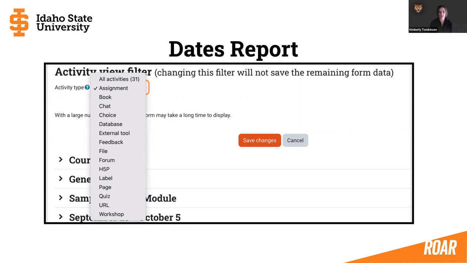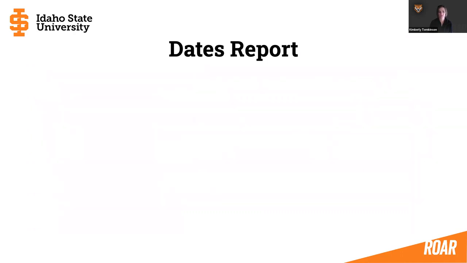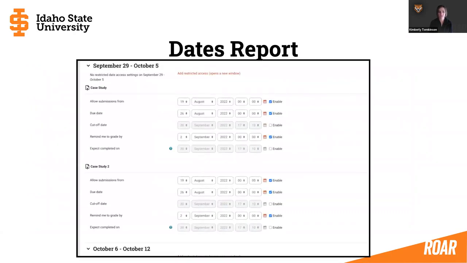At that point, you can edit all of the dates for that particular activity all in one place, all on the page. For example, if you selected the assignment activity and expanded all of the modules, you'll see all of the assignments in your course with their dates, which you can then edit. You would then move on to the next activity type of your choice by filtering once again, editing the dates for that activity and so on.